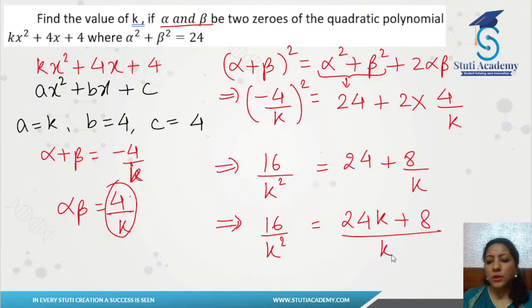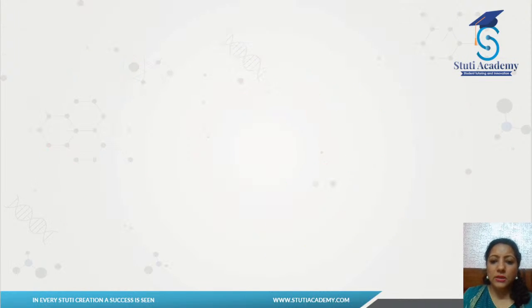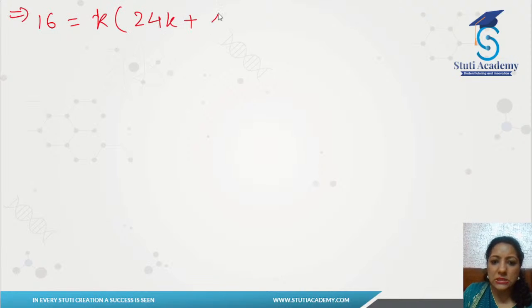Now this is k square and this is k. We are going to cancel one of the k's here and we'll be left with 1 k here. Now this 1 k we can take on the other side and it will get multiplied. So we will get here 16 is equal to k times 24k plus 8.